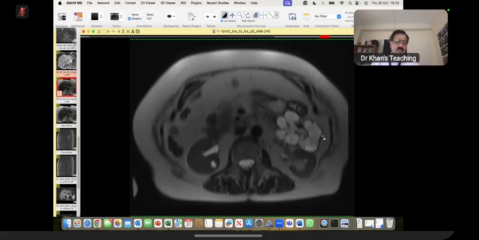So other than the radiological features, we do cyst aspiration, because at times a mucinous lesion cannot be differentiated from a pseudocyst. So we do an aspiration, we do amylase level, we do CEA, we do CA 19-9, and we do mucin levels.